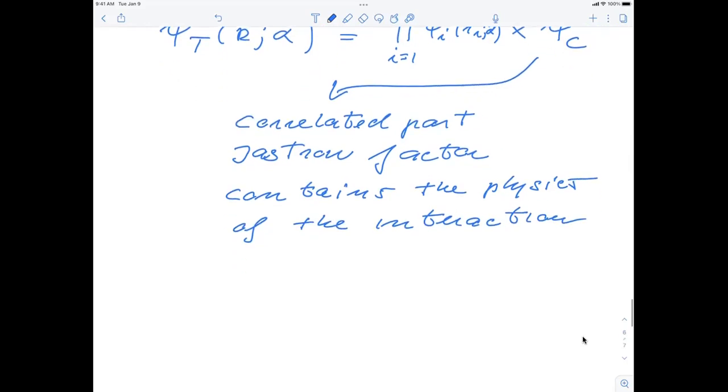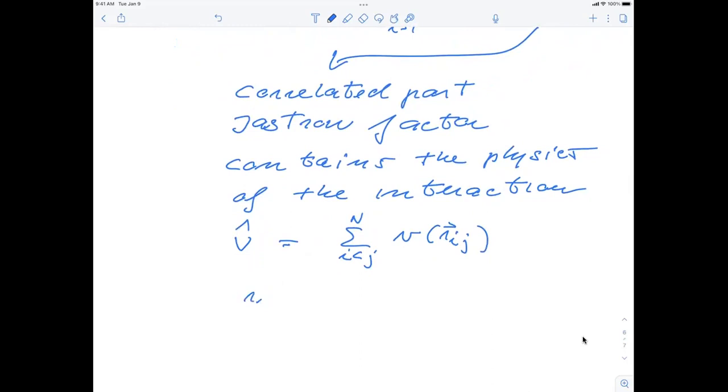And that interaction, which we write as a V as an operator, is just the sum over all the particles, i less than j of n. And then there is an interaction here which typically depends on the relative distance between the particles. So this r_ij is given by the absolute value of r_i minus r_j.